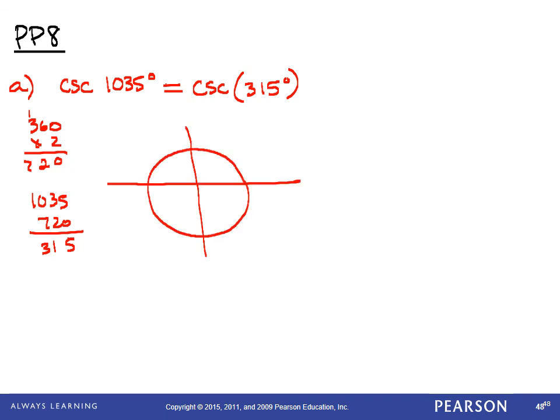If we look at this here, we are in quadrant 4, is that right? We're about right here. So now the question is, what's my reference angle? How much do you go from 315 to get you to 360? You need an extra 45 degrees, huh? This is 315. 315 plus 45 gets you 360. Therefore, our reference angle is 45 degrees.